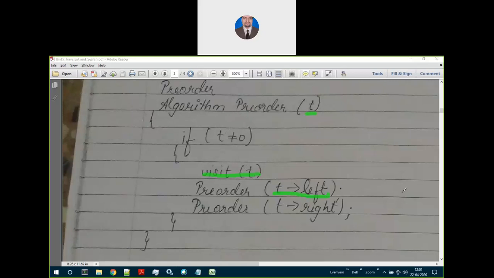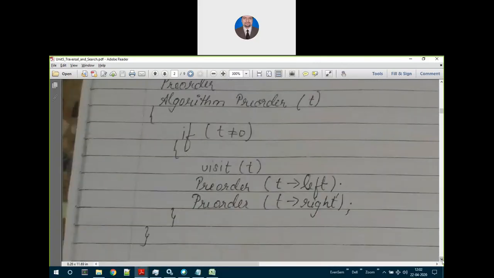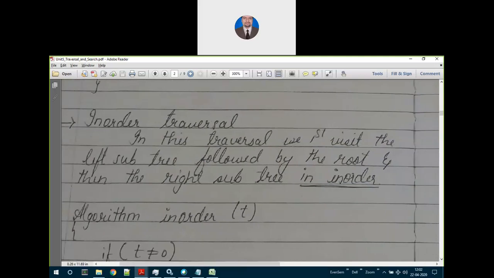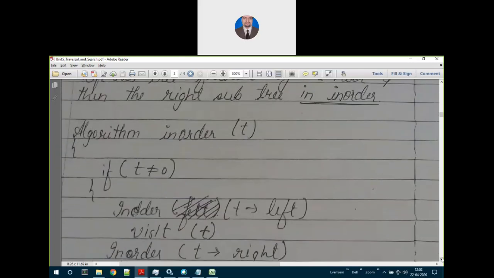In the same way, we also have the algorithm of the other two. Let me scroll down. In-order: in this traversal, we first visit the left subtree, followed by the root and then the right subtree, again in a recursive way.